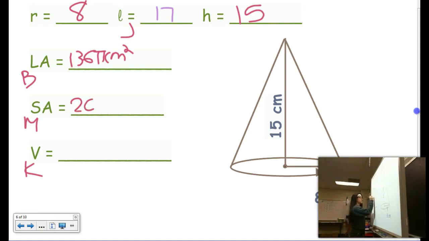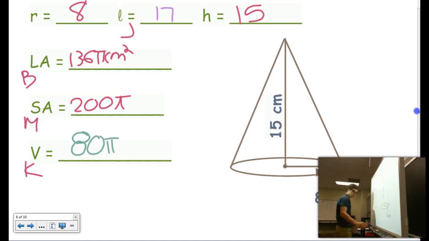Pi r L. So it's r, 8. 8 times 17, 136. Just divided by 3. That's the same as multiplying by 1/3. Don't put pi.